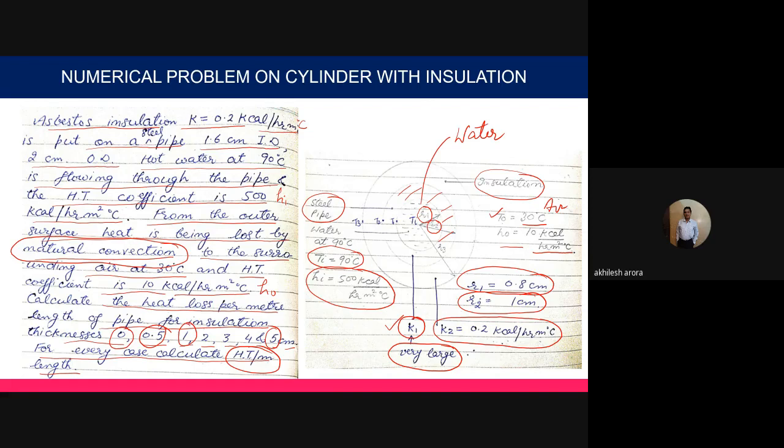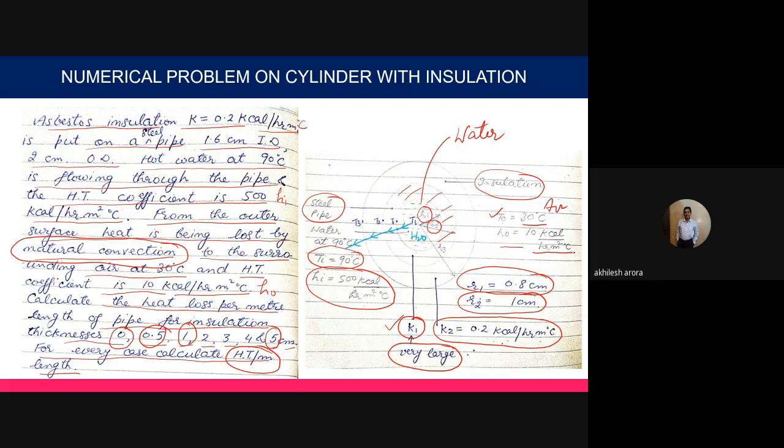If you see it here carefully, let us try to understand how the heat transfer is taking place. First of all, here we have the water inside the pipe. From water to the steel pipe, the heat transfer will take place because of convection. And then there will be conduction heat transfer within the steel pipe. From the steel pipe to the insulation, it will be once again conduction, and outside it will be by convection.